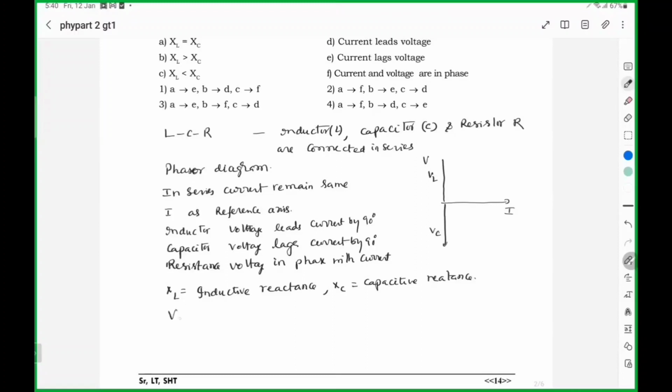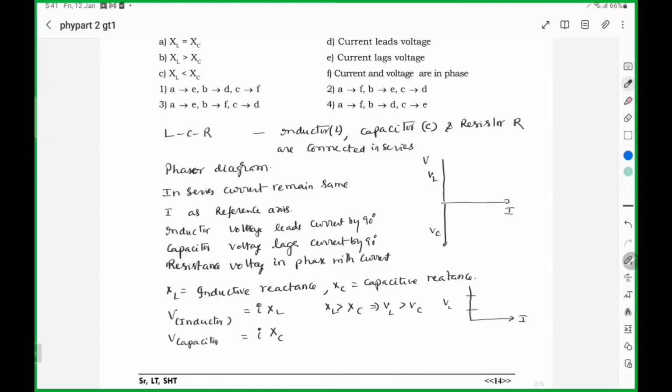So voltage across inductor is I times XL. Voltage across capacitor is I times XC. So if XL is greater than XC, so potential difference across L is greater than across C. So then phasor diagram will be, so net potential difference will be this.